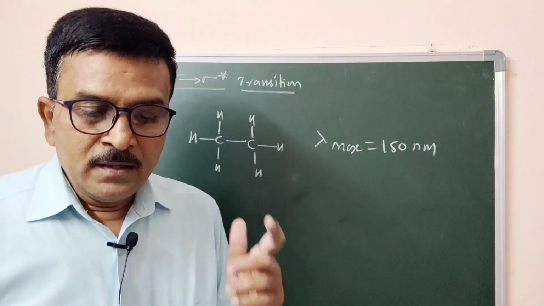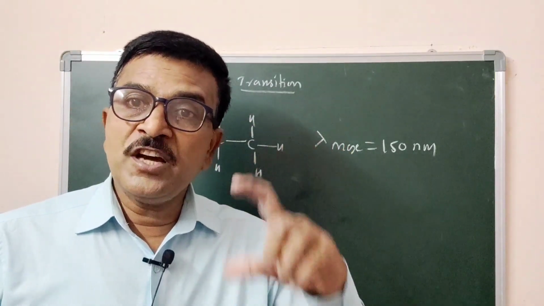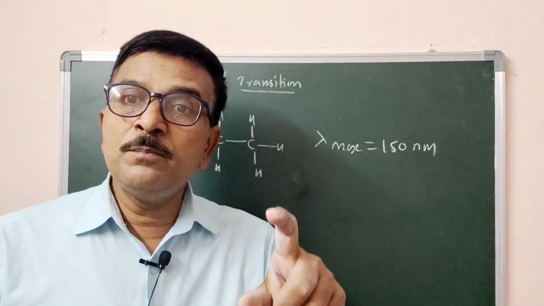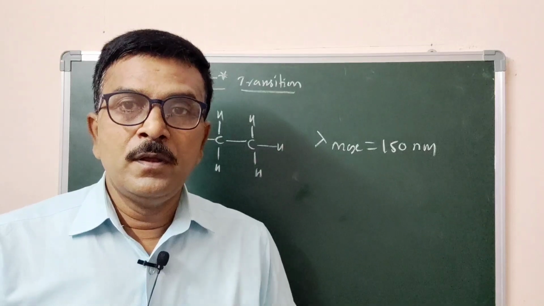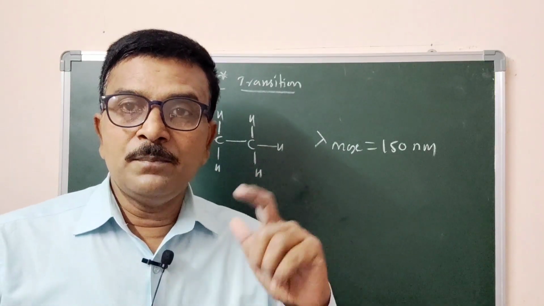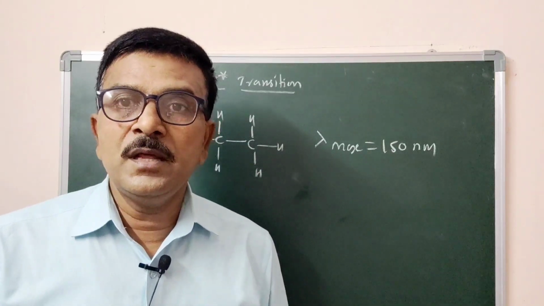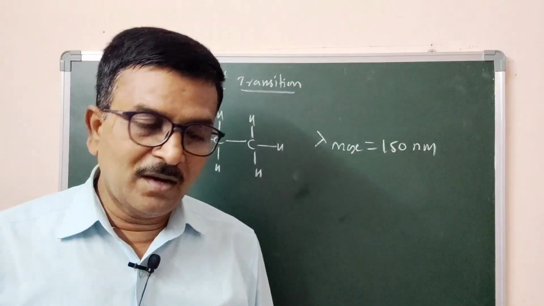Therefore, absorption bands in the UV spectrum corresponding to sigma to sigma star transitions are not observed. Are you following? So for the sigma to sigma star transition, the absorption bands are absent in the UV spectrum. So this is about sigma to sigma star transition.